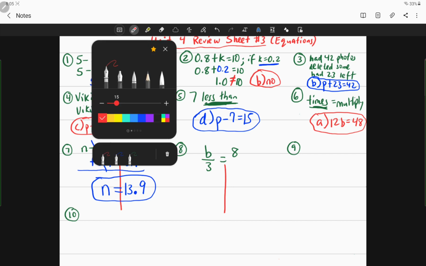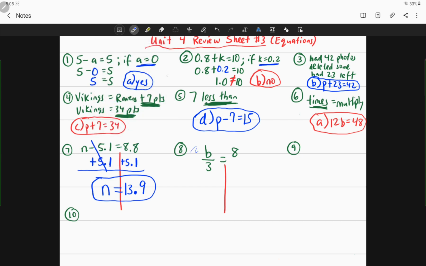And we know to get rid of division, we use inverse operation of multiplication. So we multiply, and remember, we've done lots of these problems. To get rid of a fraction, you multiply by the reciprocal, which means you take the fraction you have and you turn it upside down. Now remember, when a variable is by itself, in this case it says b, it has an invisible number 1 in front. Make sure you put that 1.